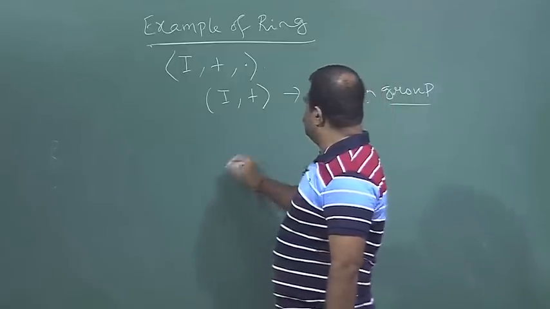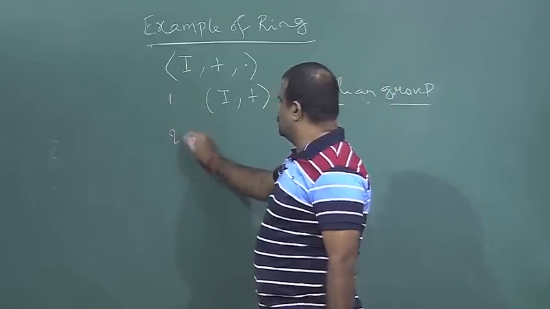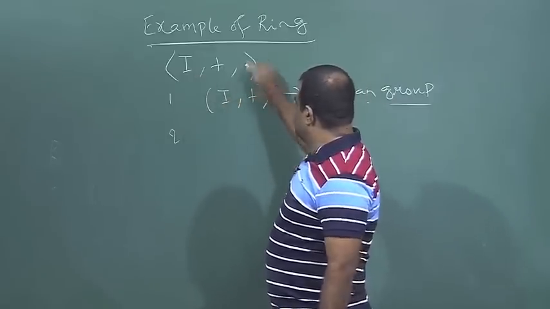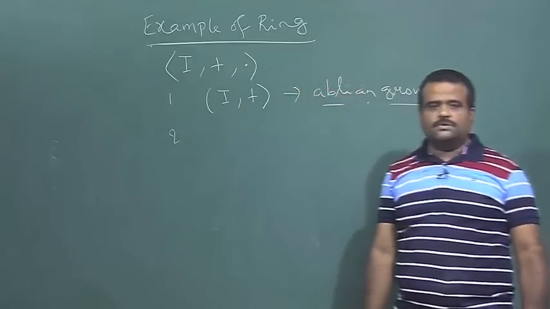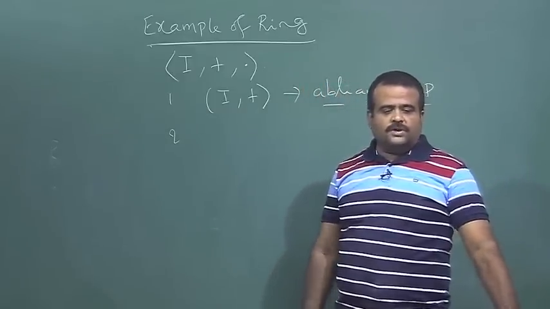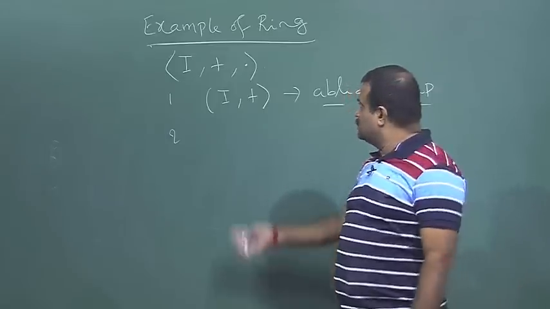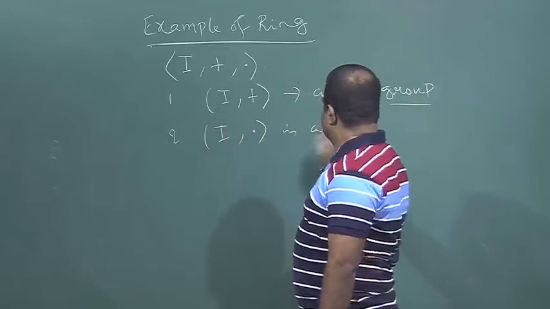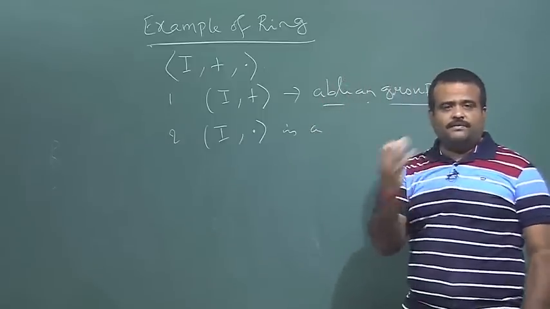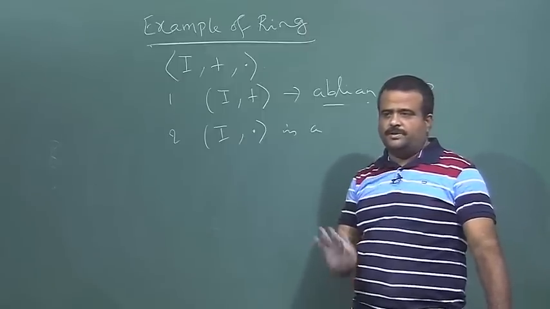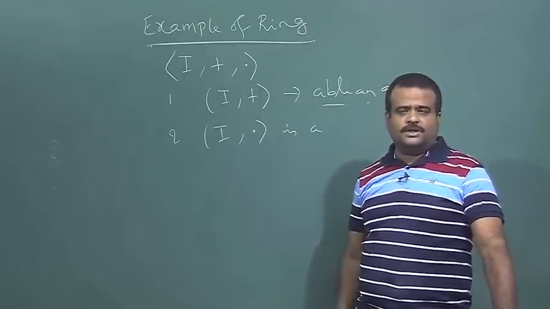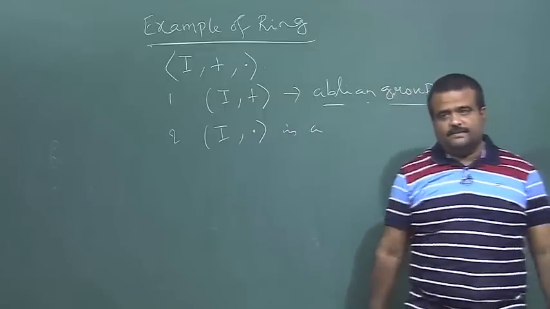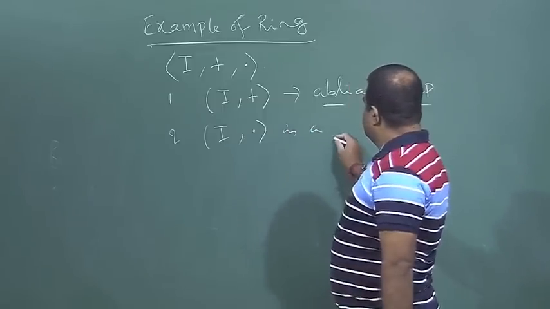Second, we have to check whether I along with dot is a semigroup or not. For a semigroup we need the closure property and the associative property. This is a semigroup, because if we take any two integers and multiply them, it will give us an integer, so the closure property is satisfied, and associativity is also satisfied by the associativity law of real number multiplication.